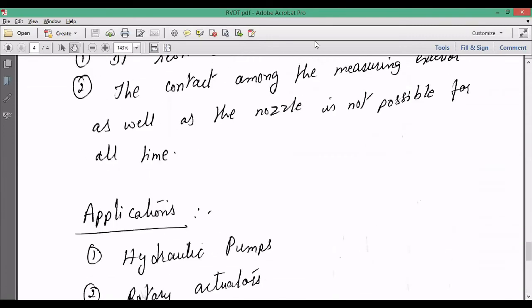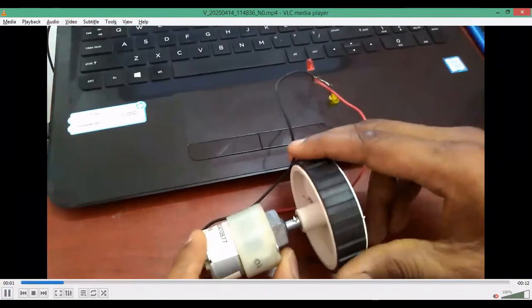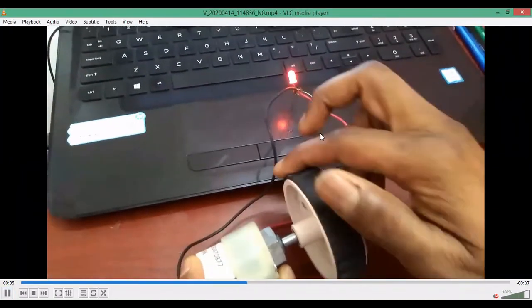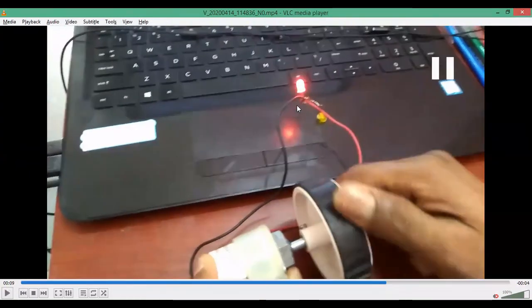Let's see one practical, one simple practical. Angular displacement is converted to EMF. One side I am rotating, one LED switches on, and on the other side, another LED. Why? When it is in the clockwise direction, the induced EMF ES1 is more and ES2 is lesser.